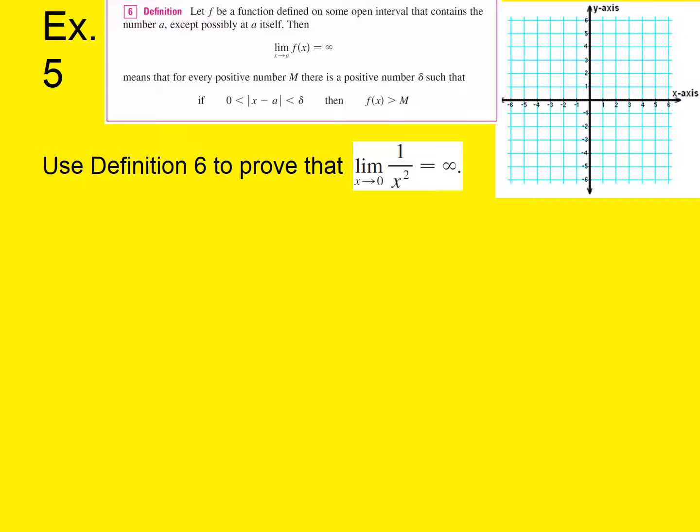So here's an example. Use definition 6, the same one we've been using, to prove that the limit as x approaches 0 of 1 over x squared equals infinity. I always want to keep the graph in mind. So here's our function, and x is going to approach 0, and the function is going to get large.